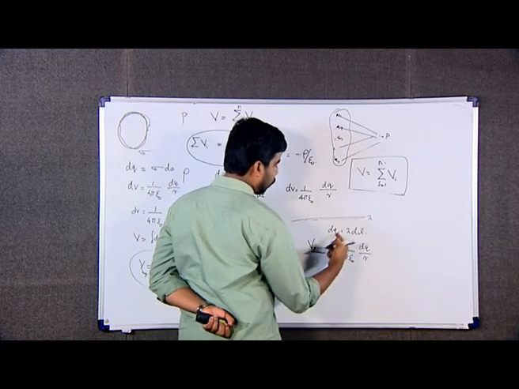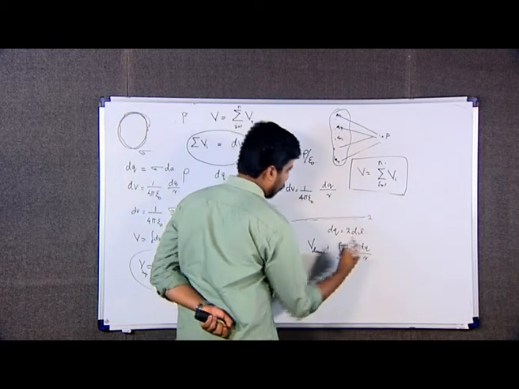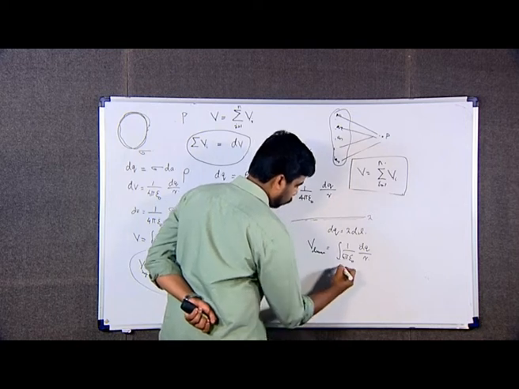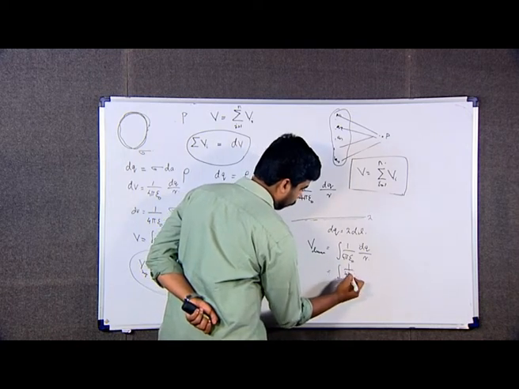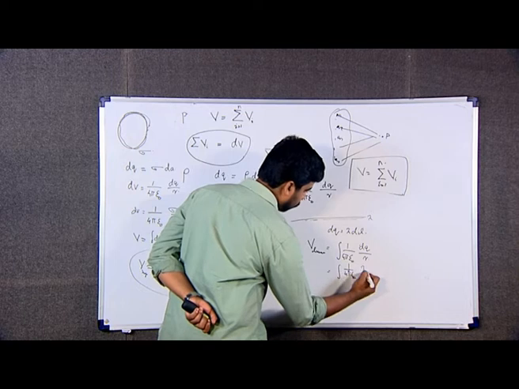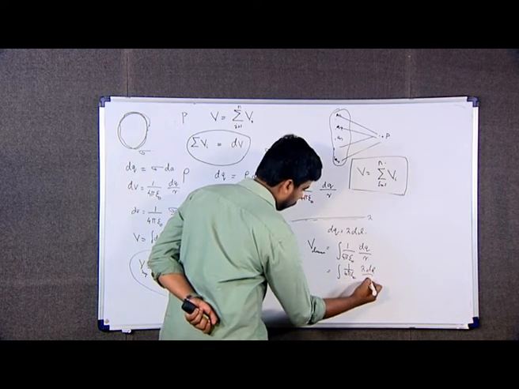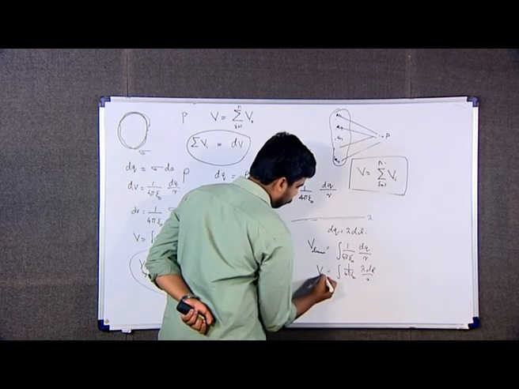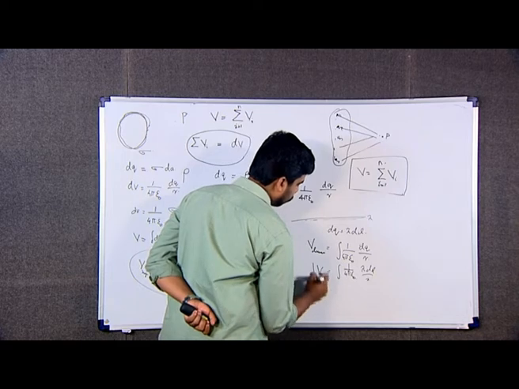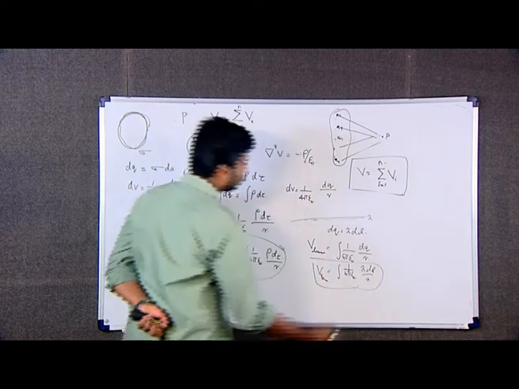What is dq actually? It is equal to lambda dl, so V is equal to integral 1 by 4 pi epsilon 0 lambda dl by r. This is the potential due to the linear charge distribution.